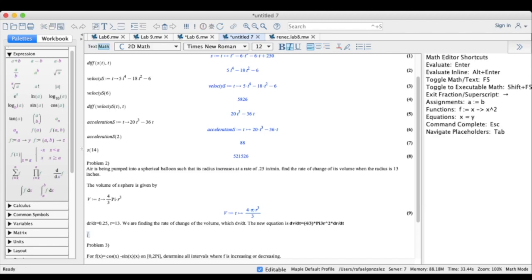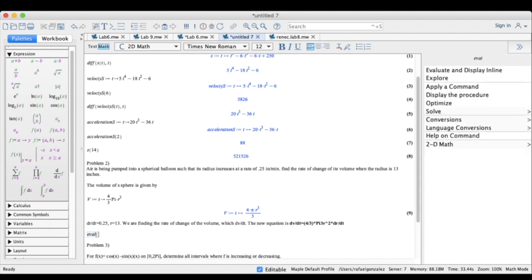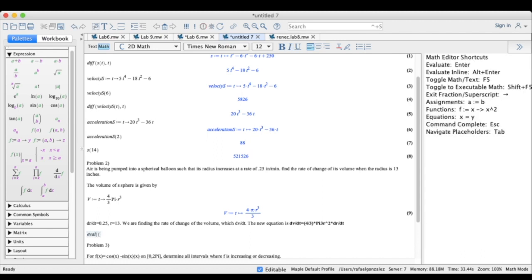So we could use an eval to evaluate this. We have 4 over 3 times pi times 3 r squared times dr/dt, when r is 13.